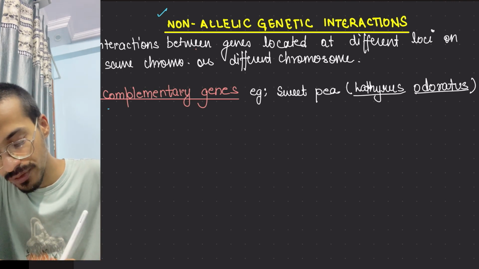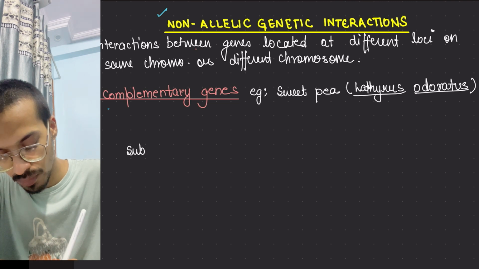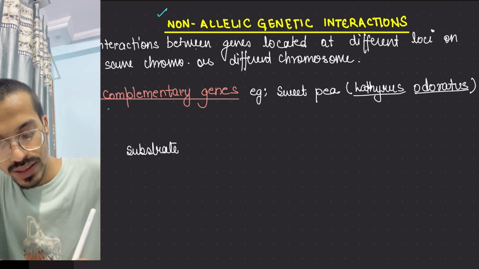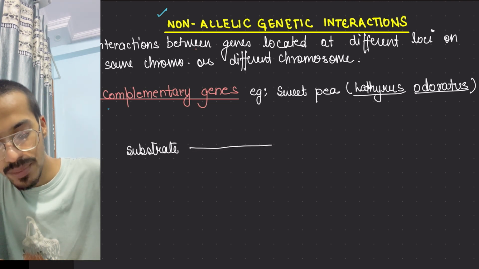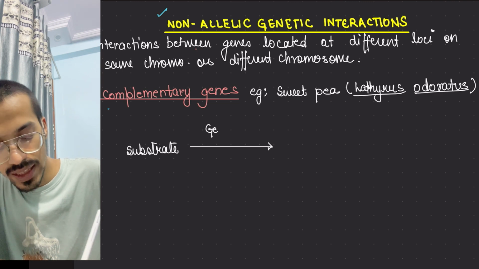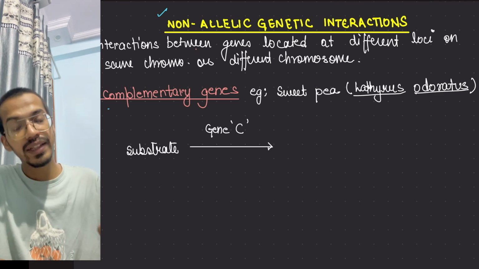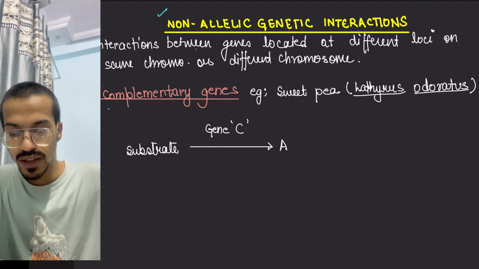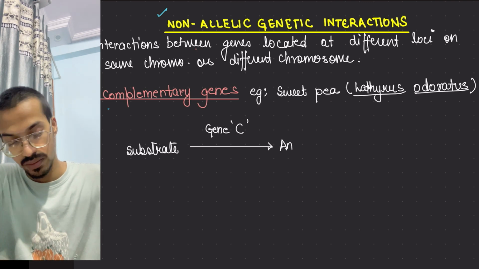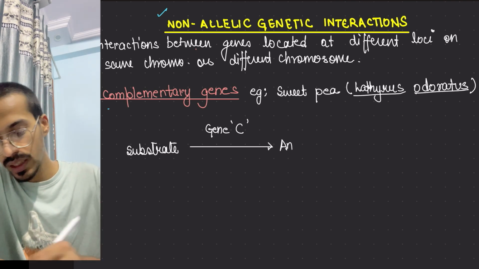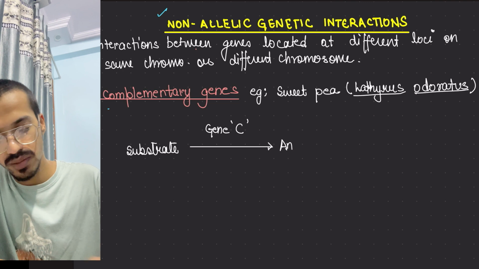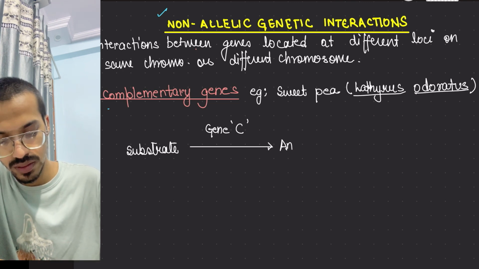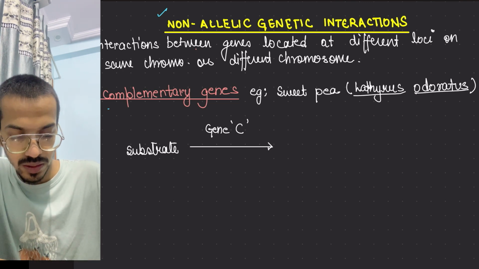Imagine that we have a substrate. When it is acted upon by gene capital C, it leads to the formation of a substance called substrate B.